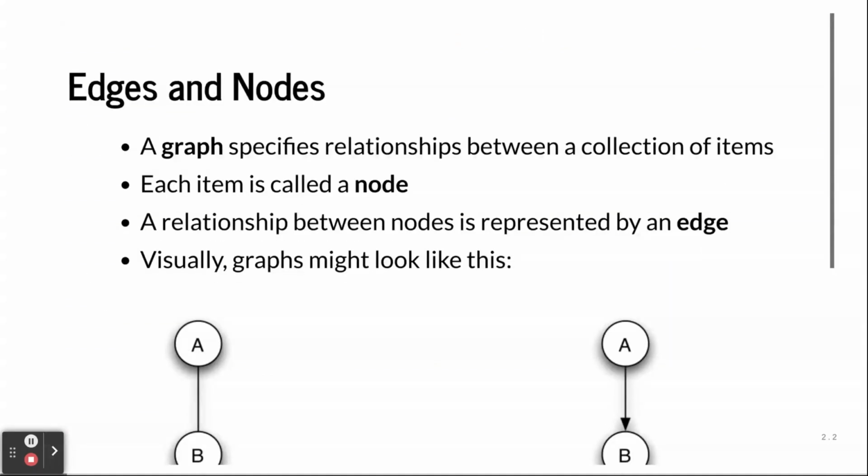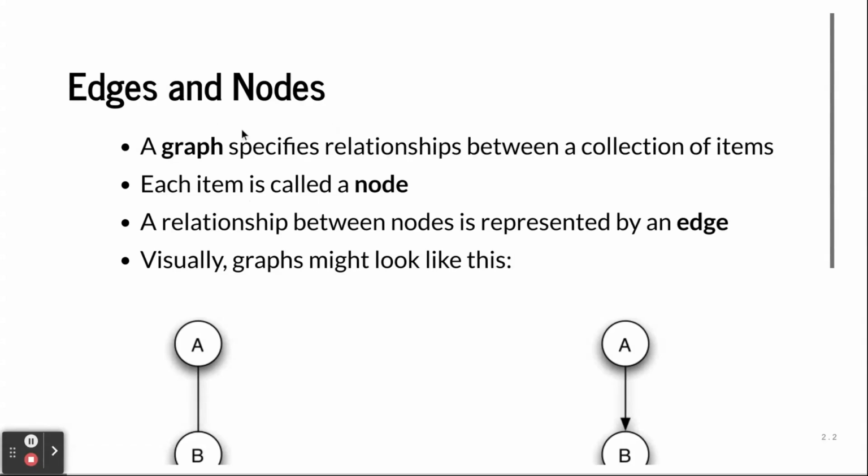Okay, so now let's dive in and talk a bit more concretely about what a graph or a network is. As we've mentioned, a graph specifies relationships between some collection of items or entities. Each item in a graph is called a node, and each relationship in the graph is called an edge.